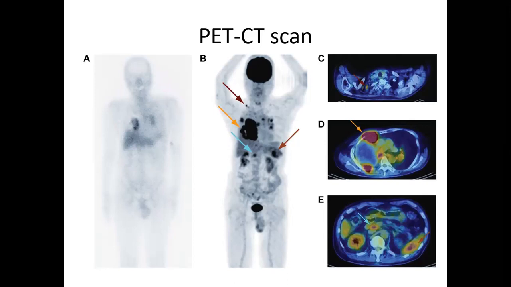Also, we can see in C and in D and in E involvement, especially in D, we can see involvement of the ribs by the enlarged lymph nodes.